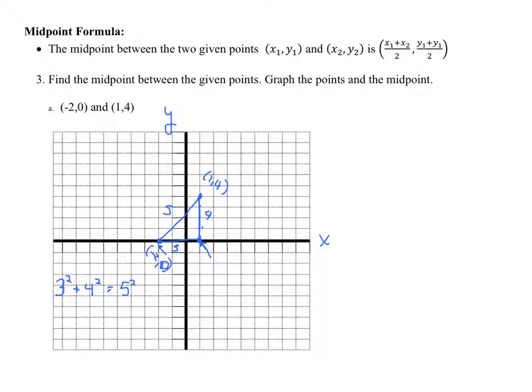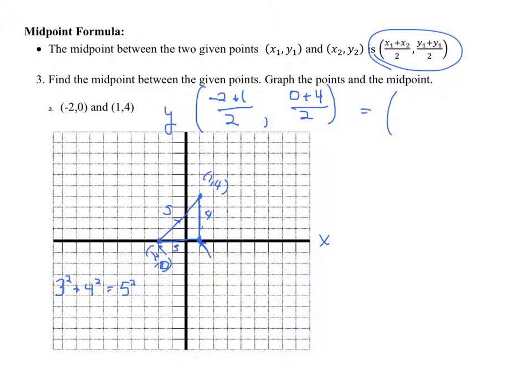Now on to midpoint. Basically, the midpoint is going to be the average of the x values, comma, average of the y values, which is why it's looking like that. So if we do that, we're going to average the x values, so it's going to be negative 2 plus 1 divided by 2, and average the y values. Ta-da! We get this.